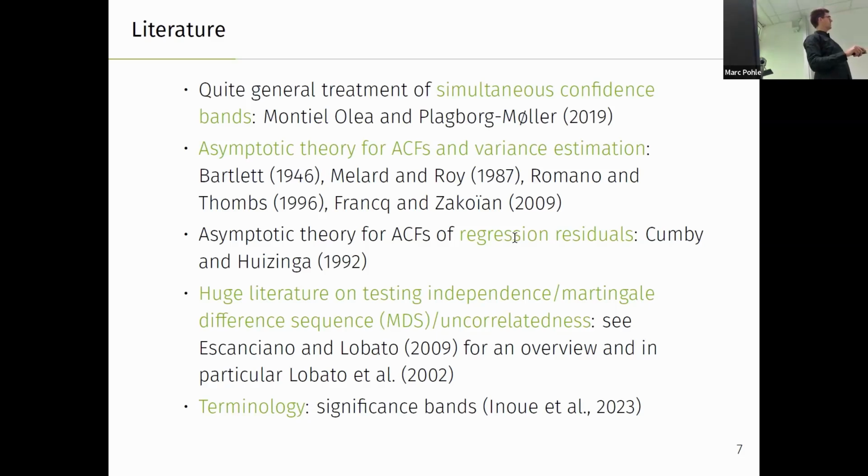We, in particular, make use of this Bartlett paper. Last but not least, the terminology significance bands for non-rejection bands goes back to Inui et al. in a recent paper in a different context, not for autocorrelation functions.